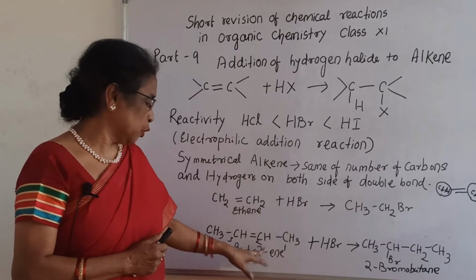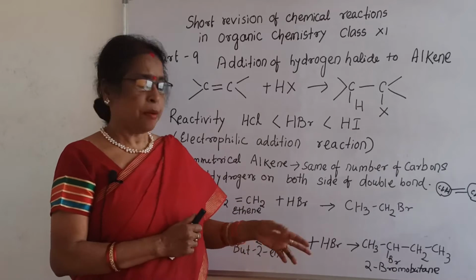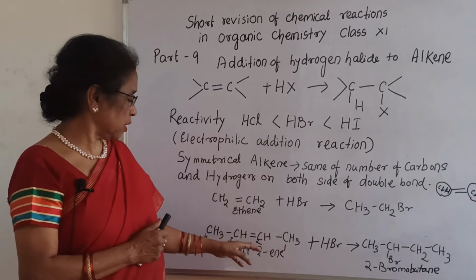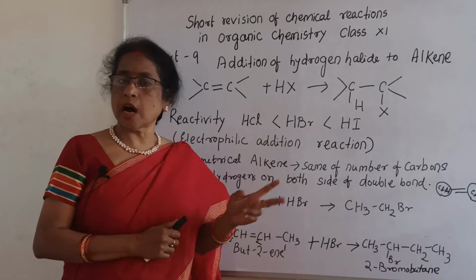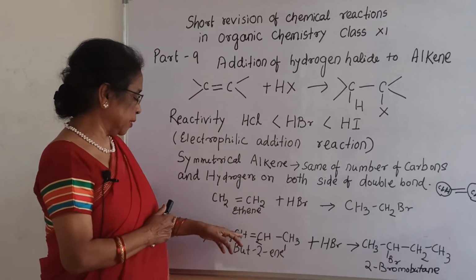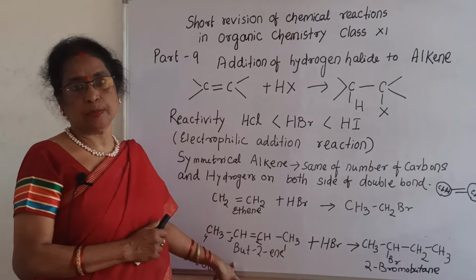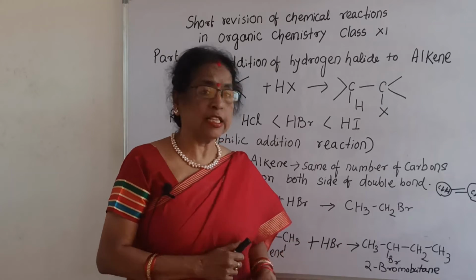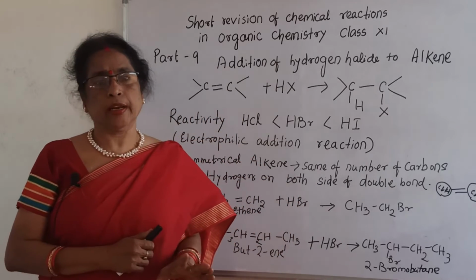If you take but-2-ene, that is also a symmetrical alkene, because you can observe 2 carbon, 4 hydrogen on one side and 2 carbon, 4 hydrogen on the right side, with the double bond between. That is why it is but-2-ene, and addition takes place and the product is 2-bromobutane.